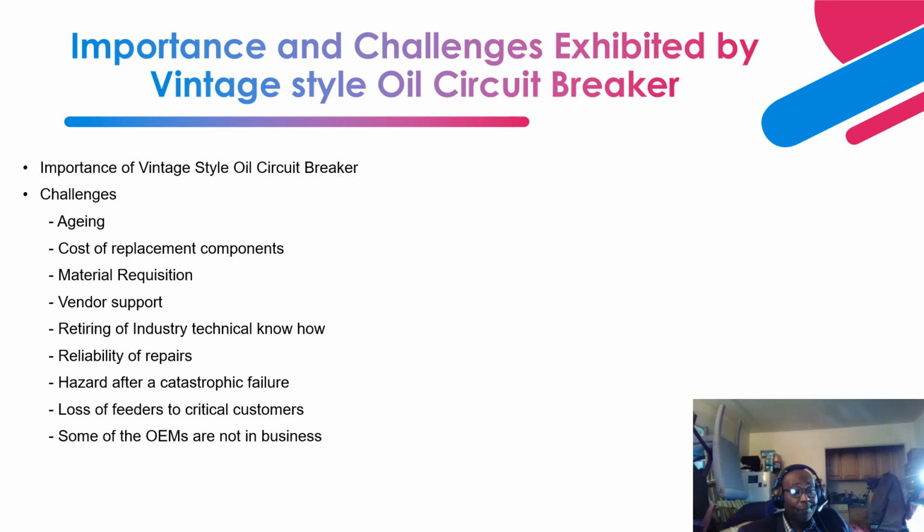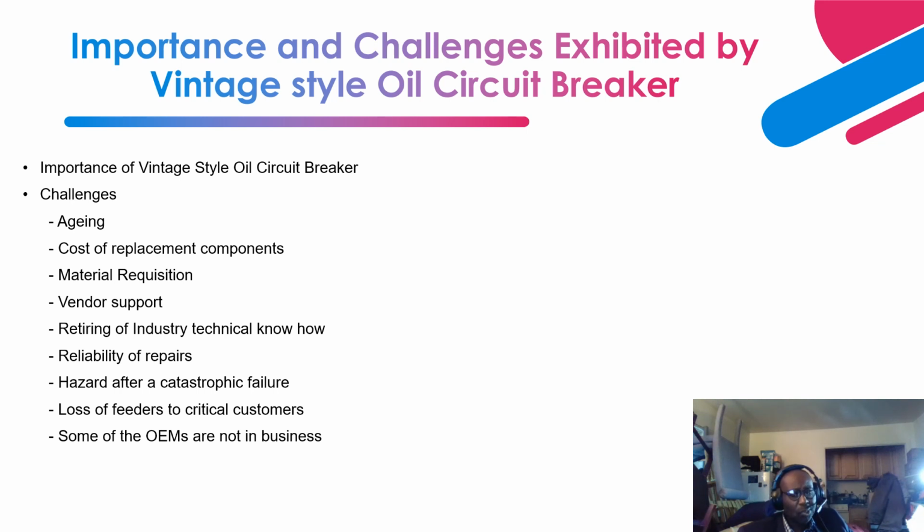Next is loss of feeders to critical customers. As much as these oil circuit breakers have been in operation, a lot of these substations are also vintage. They were built 50, 60, 70 years way back, right? And some of these provide critical power to critical customers.